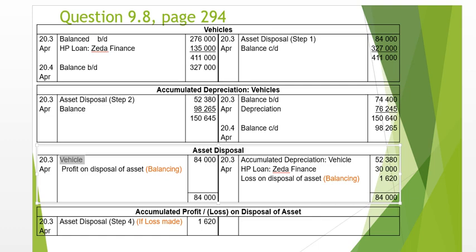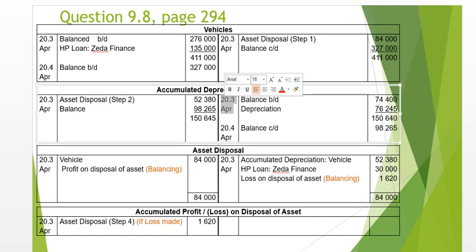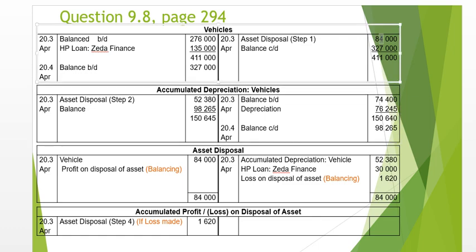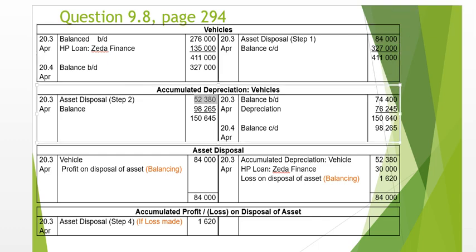Okay, what else happened on the 1st of April? We need to now, step 2, take out the accumulated depreciation as per the date of sale. So on the 1st of April 2003, our balance was 74,000 Rand. Now we sold this vehicle, which had an original cost price of 84,000 Rand, and up until the 1st of April 2003, date of sale, the total accumulated depreciation was 52,380.